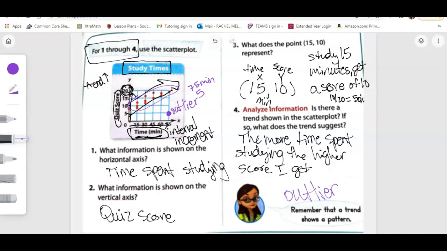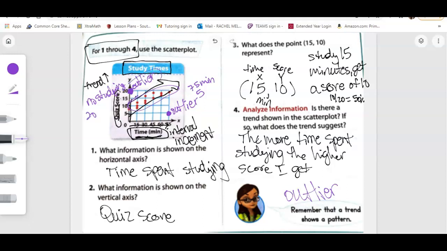On the other point, I could have someone who, and it's hard to see right there, let me erase a little bit of this. Let's say I have someone who is right here. That's also an outlier because it's not with the other data points. And that tells me that someone who spent no time studying got a 20, which in this case would be 100%.